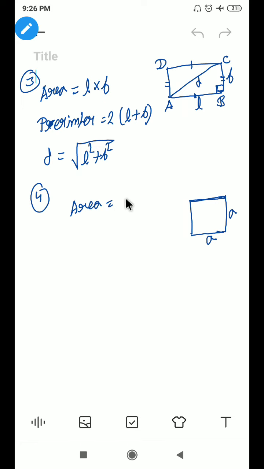This is A into A, that means A square. Perimeter is equal to, the four sides are all equal, that means 4 into A. Now how to find out the diagonal? So diagonal is equal to root over 2A square, because L is A and B is also A. That means 2A square happens. So it will be A root 2.